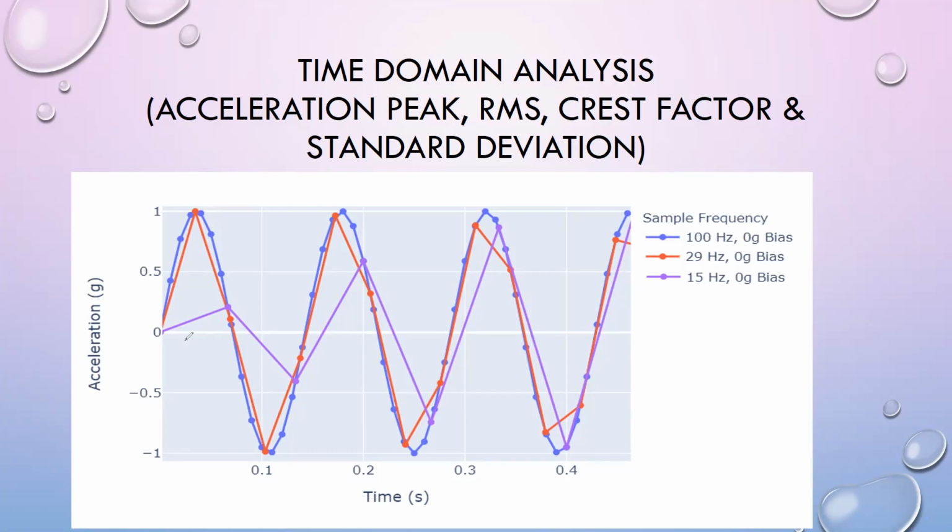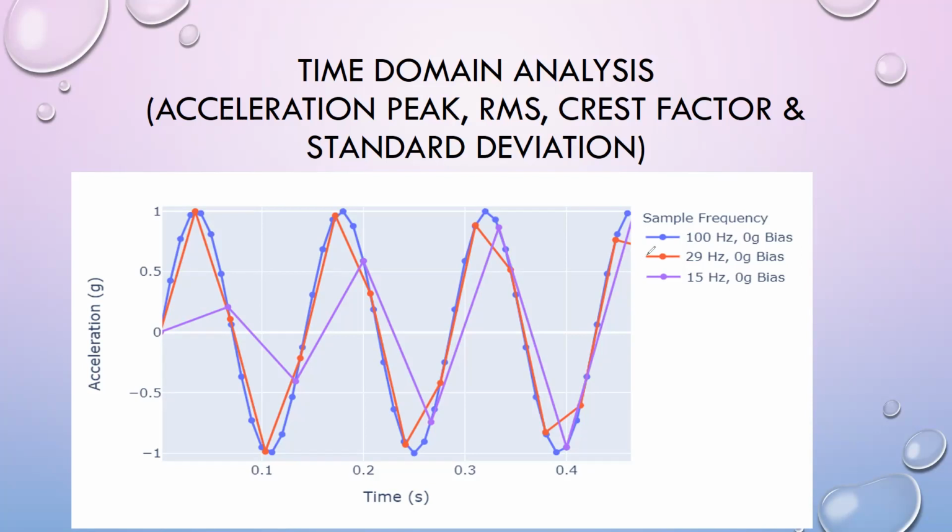Assume that we have different sample frequencies. The sample frequency means that, for example, by increasing the sample frequency, you are increasing the number of points at which you are recording the data. For example, the blue line is 100 hertz, and when we have 100 hertz, it means that each second we record the data 100 times.